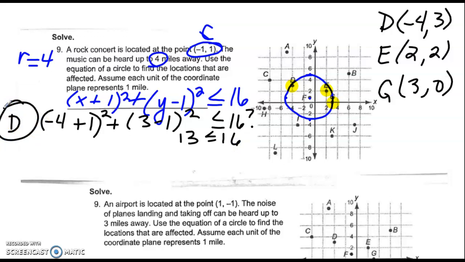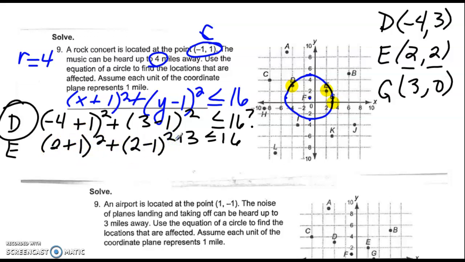So now let's plug in E. Let's find out if E will be affected. I think it's going to be. G is the one that I wasn't quite sure about. But go ahead, E is the point 2, 2. So where we see X, we'll plug in 2. Where we see Y, we'll plug in 2, and then we'll evaluate. So 2 plus 1 squared, 2 minus 1 squared.